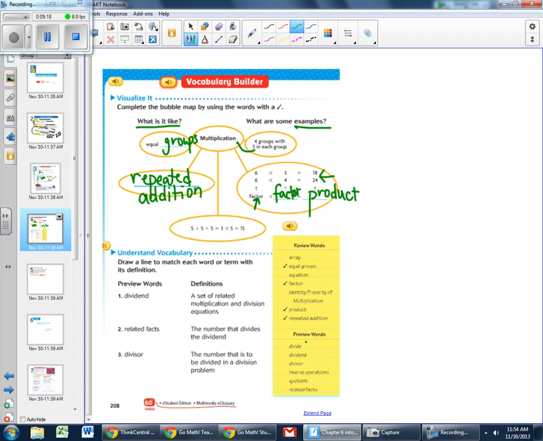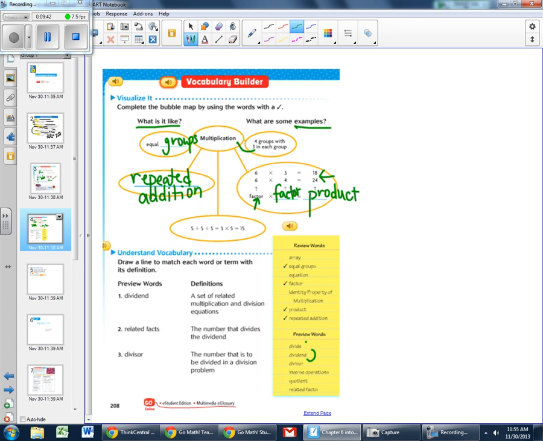A divisor is the number that divided the dividend. So these two are connected. Those are those two we thought we might need to write in our math journal. Inverse operation, again, those opposites. A quotient being the number in a division problem, so the answer, not including a remainder, which we'll get into later. And related facts that we just talked about also was kind of like your fact family that we learned before.